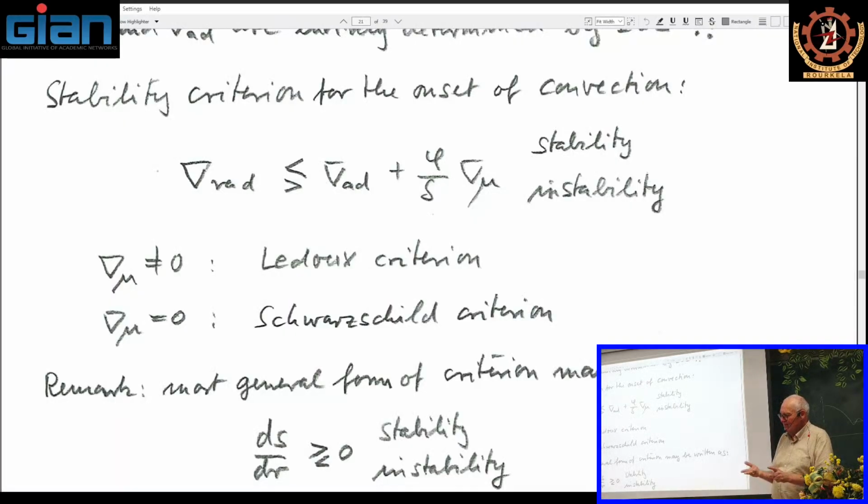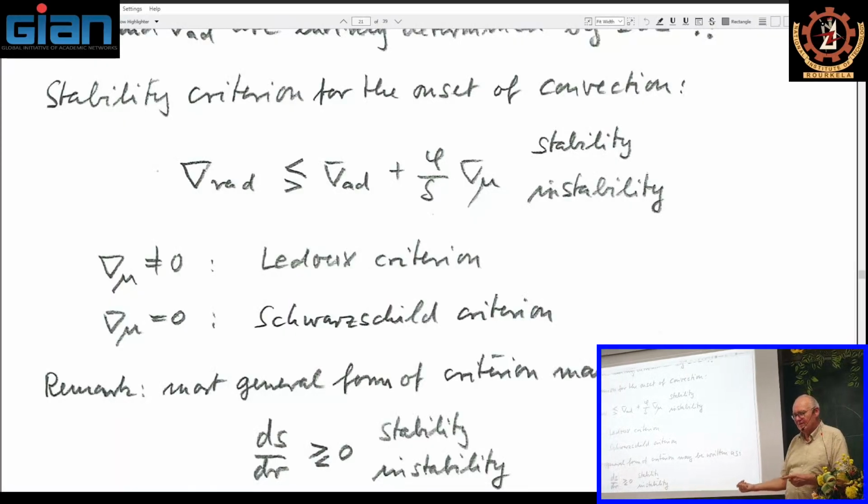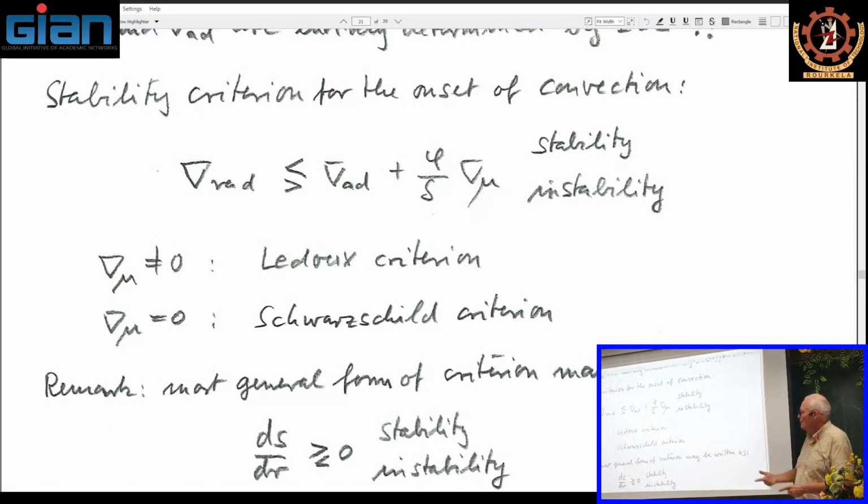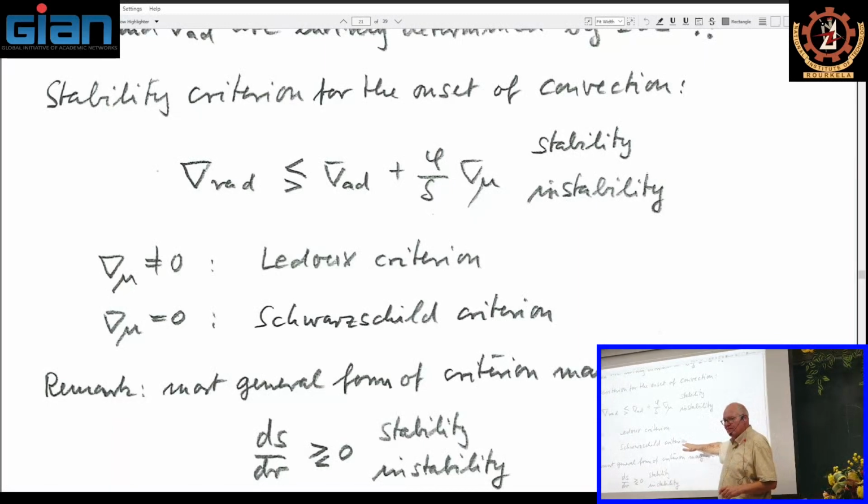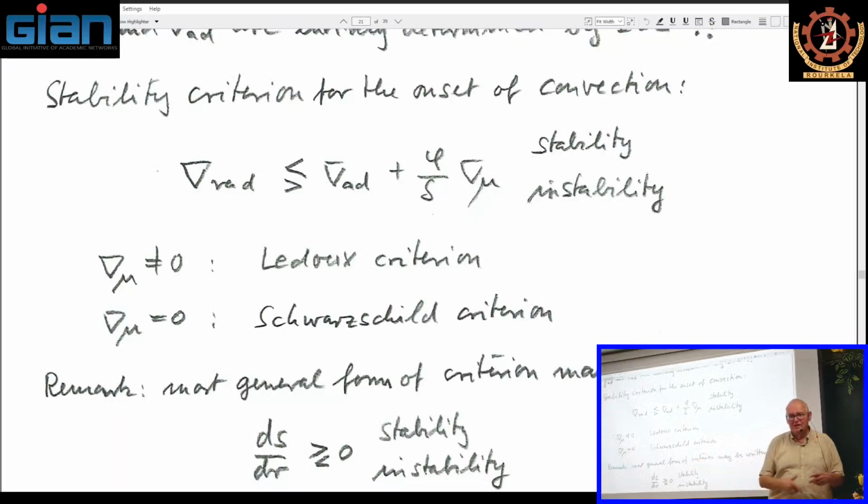They come about because the matter considered is either incompressible, and you end up with the Rayleigh-Taylor criterion. If you have no chemical composition gradients, you end up with the Schwarzschild criterion. If you have chemical composition gradients, then you end up with the Ledoux criterion.